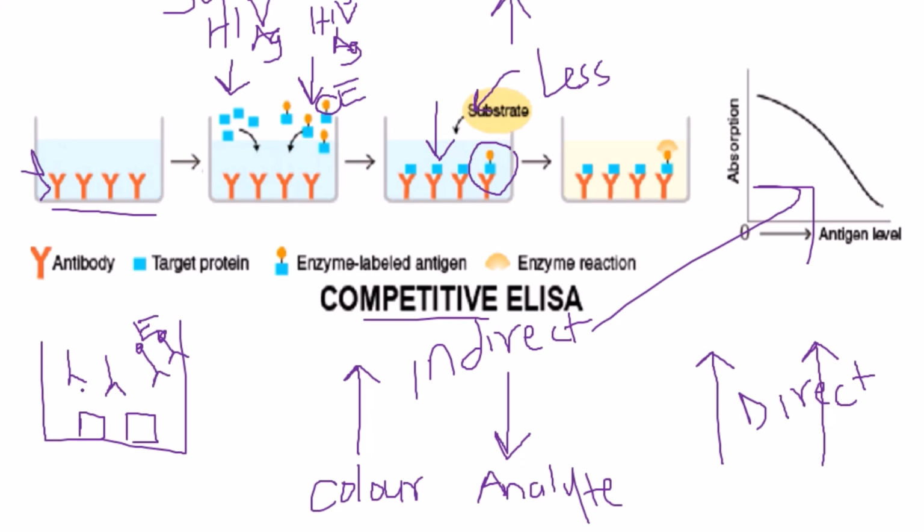If the more abundant one is the one from the patient's serum, that competes successfully to bind to the antigens, then there'll be less color. If it is the synthetic ones conjugated to the enzyme that are more abundant, then there'll be more color.